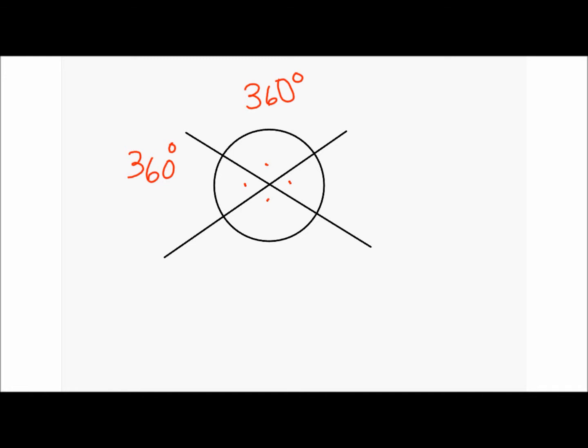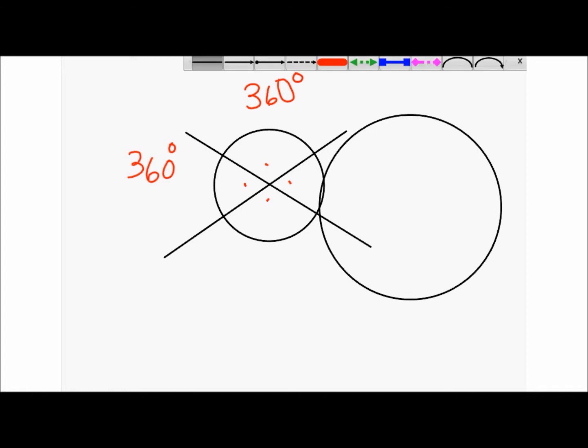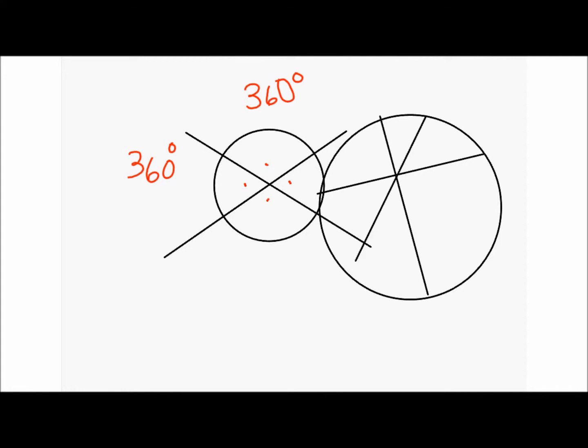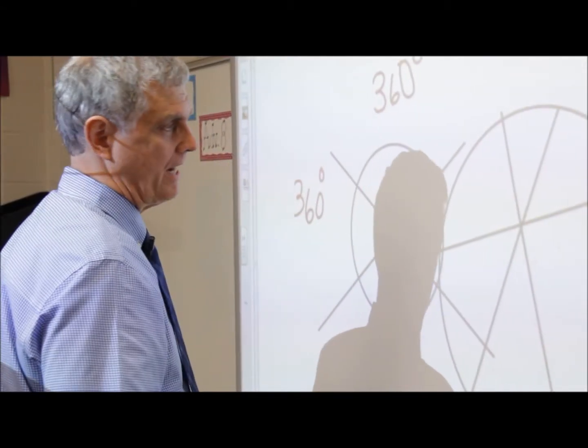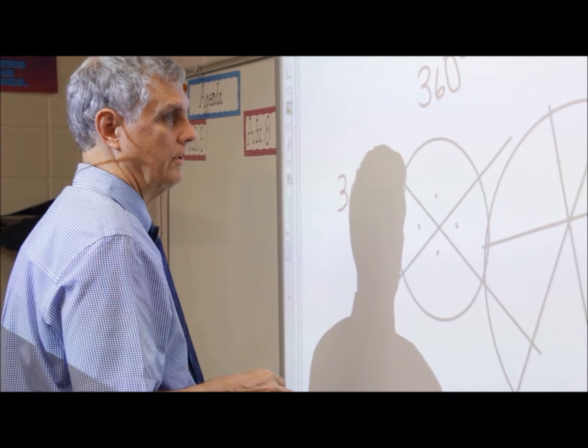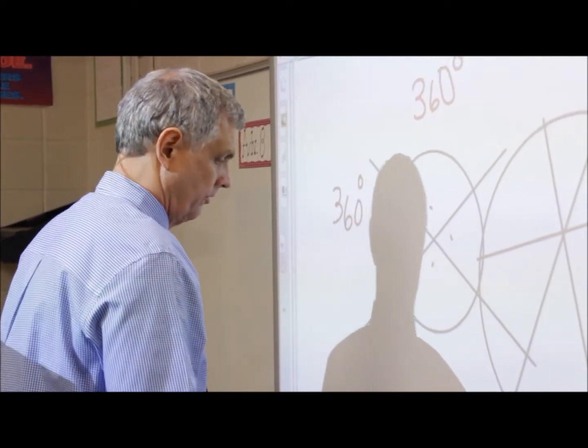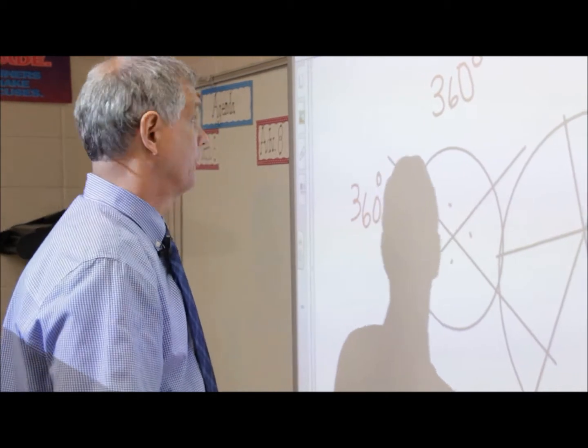If I had a circle, let's do another circle over here just to drive it home even more, and I had lots of lines in there, it doesn't matter how many lines, they all always have to add up to 360 degrees. So that's one thing you need to know about intersecting lines.